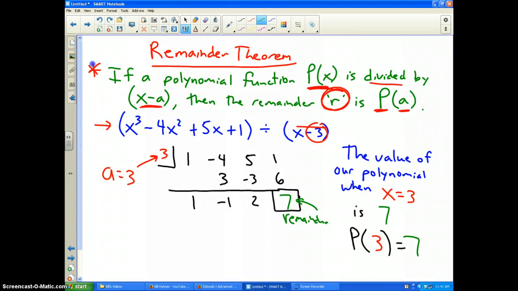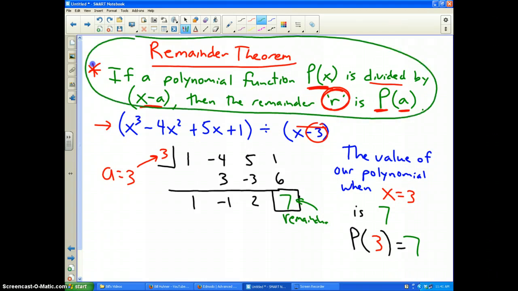What the remainder theorem says is, if you want to evaluate your function for x is 3, if you do synthetic division, the remainder is the answer. So the value of my polynomial, if I put 3 in for x, is going to be 7.